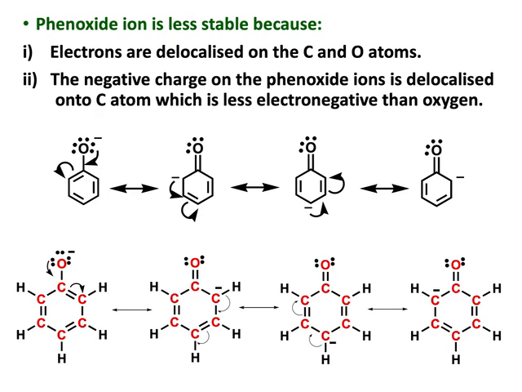Okay, so phenoxide ion is less stable due to the electron delocalized on the C and O atoms, and the negative charge on the phenoxide ion is delocalized onto the carbon atom, which is less electronegative compared to the oxygen. As you can see here, phenoxide ion means that this O is attached to this aromatic.